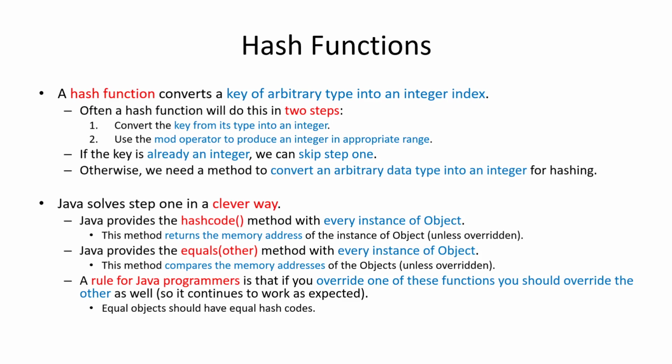Now, remember I said this integer might be in a range. Well, in a 32-bit addressing system, that will be an integer that is at most 32 bits, so we can treat it as a 32-bit integer. And again, putting it through a mod operator might be a good way to find our index then.